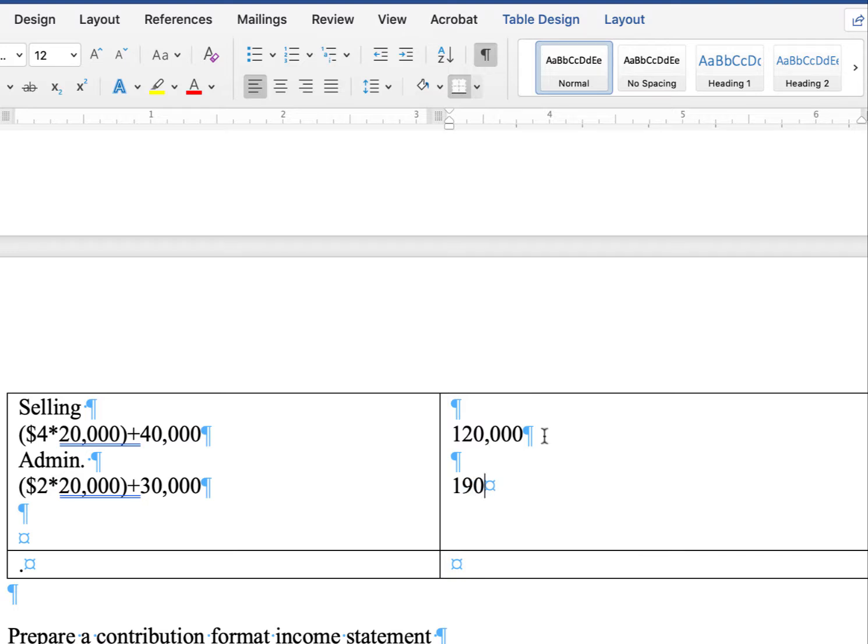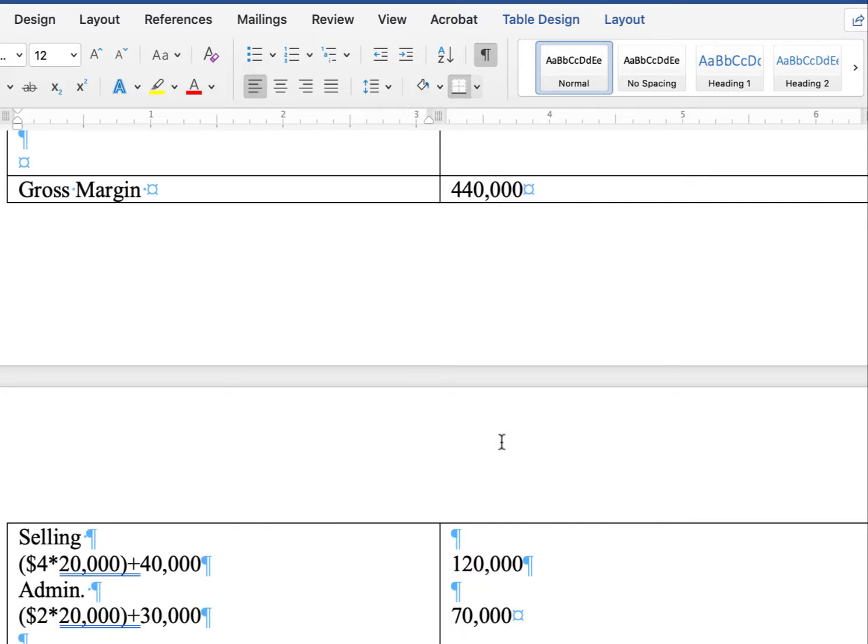I end up with $190,000. Is that right? No, 100. It's actually 70,000. Sorry about that. It's 70,000. Now I can calculate my net income. That's easy.